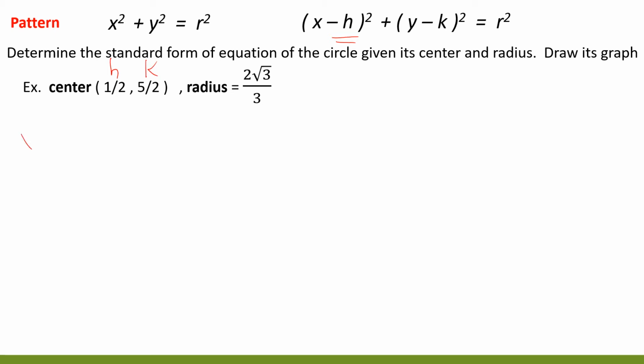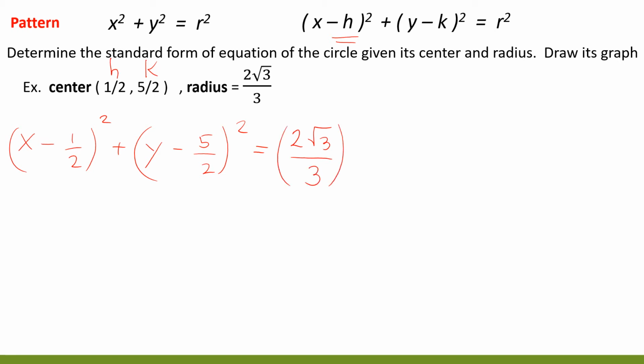Gamit ito, we have now (x minus 1/2) quantity squared, plus (y minus 5/2) quantity squared, equals (2 square root of 3 over 3) quantity squared. Let us solve. (2 square root of 3) quantity squared. Ibig sabihin yan, meron kang 2 squared and then square root of 3 squared over 3 squared.